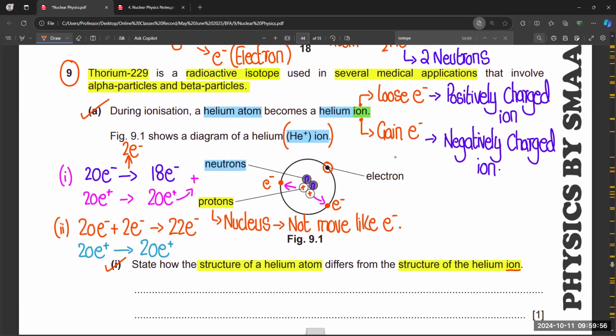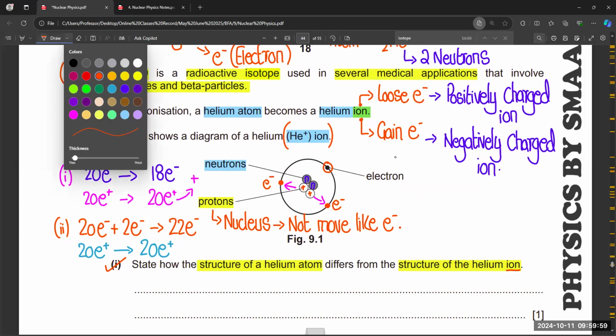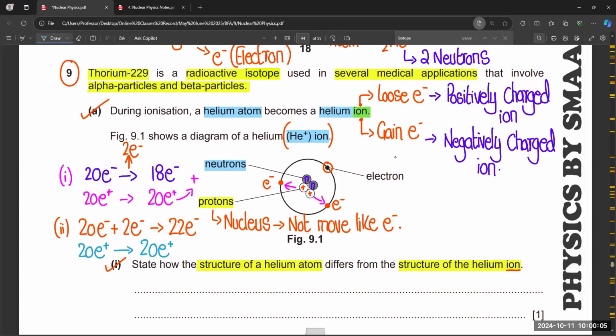In helium ion, we have two protons, we have two neutrons.